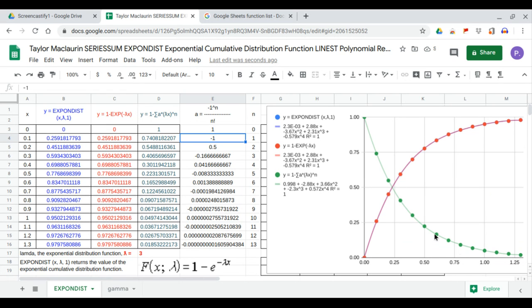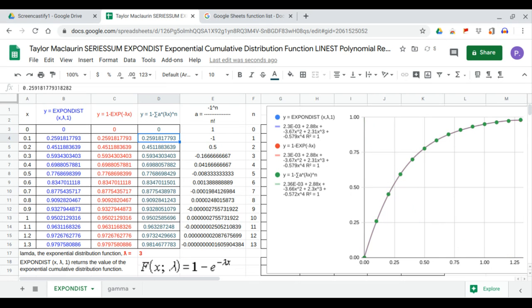Since it's a decay, we want this to be saturation like this. So we have to factor in 1 minus the series sum. Now they are on the same line.